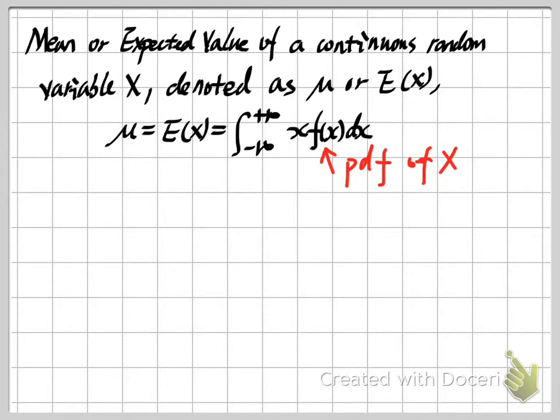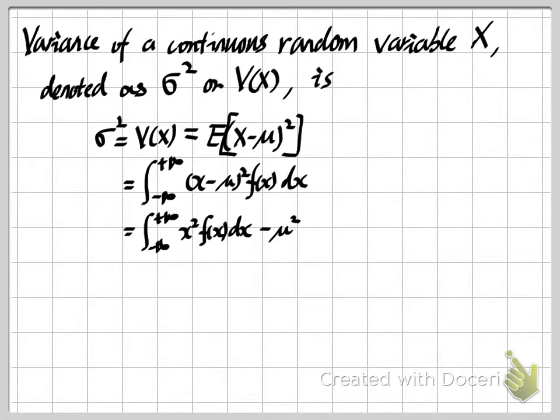And then what is the definition of the variance of a continuous random variable? In the discrete random variable, the variance is defined as the mean of the squared difference between all possible values of x and the mean. The similar idea applies for our continuous random variable.